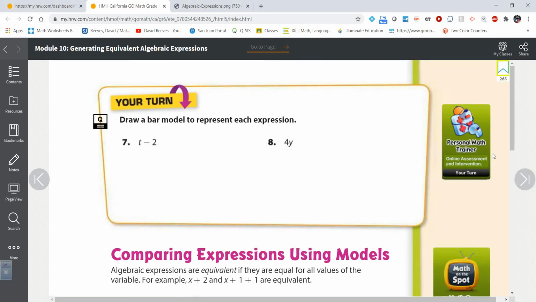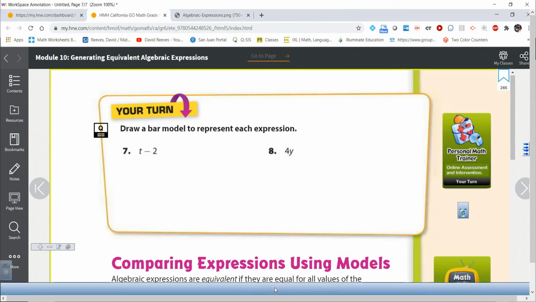All right, so draw a bar model, and then we have one more thing, and I think we're going to be done here. I'm going to try to see if I can do this with no fill. t minus 2.